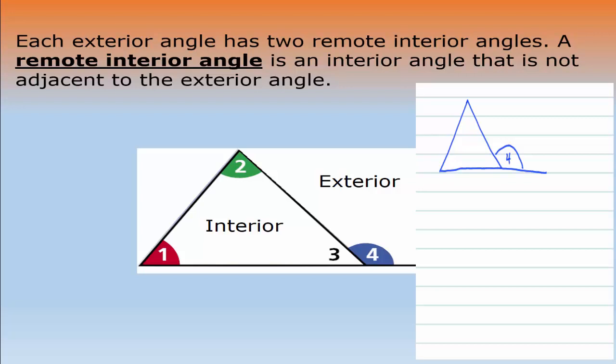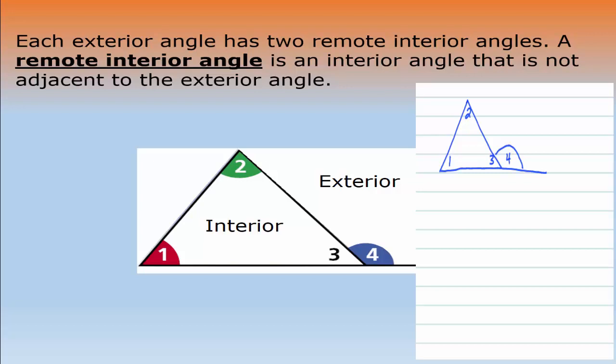Now, angle 3 sits right next to the exterior angle, so it cannot be a remote interior angle. Angles 1 and 2 are both removed from that exterior angle, and so they are the remote interior angles.